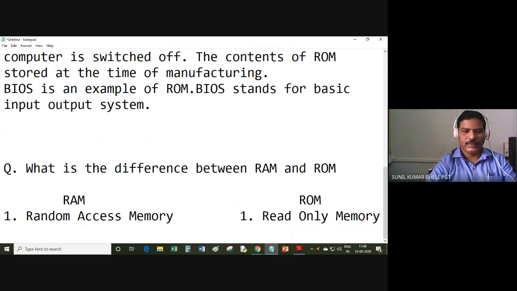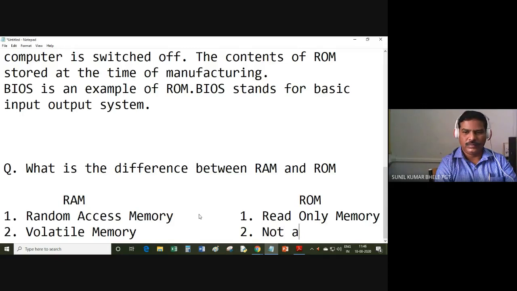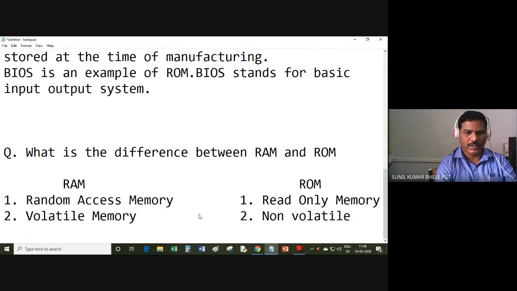Second point, you can write volatile memory. This is not a volatile memory, you can write non-volatile. And you can see RAM has large capacity, large size, and ROM chips have a small size.